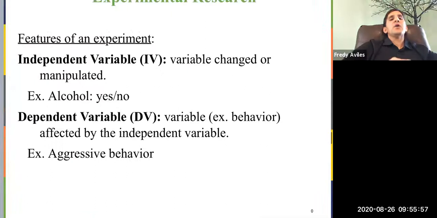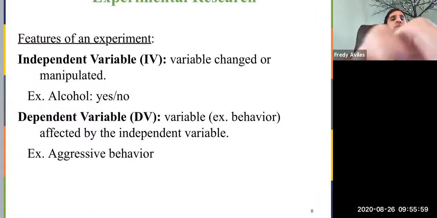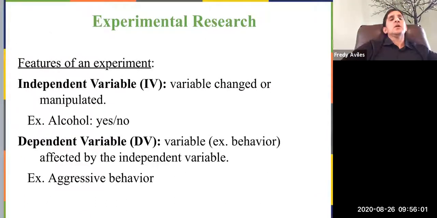Okay, so let's talk about how you actually do an experiment. Okay, the features of an experiment. An experiment has an independent variable, and it also has a dependent variable. An independent variable, abbreviation IV, is the variable that is changed or manipulated.